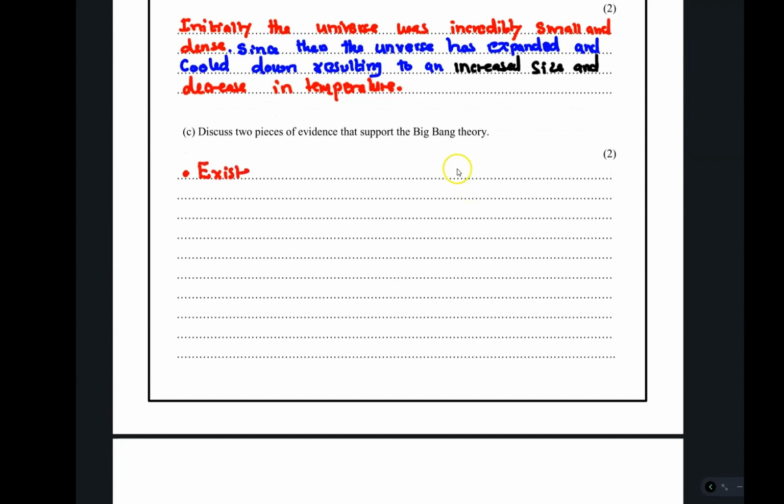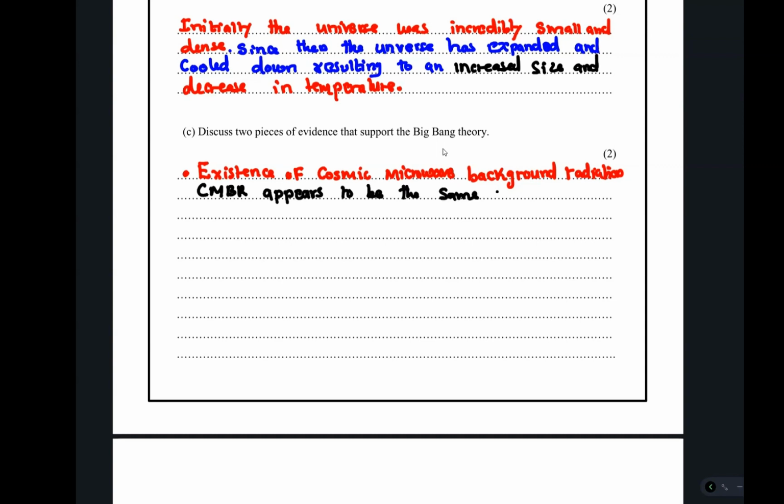And we have two evidence. We have the existence of cosmic microwave background radiations, and also we have the redshift that is observed from distant galaxies. So the existence of cosmic microwave background radiations, CMBR, appears to be the same everywhere and acts in all directions.